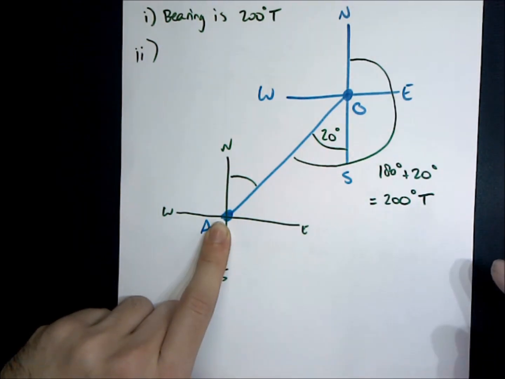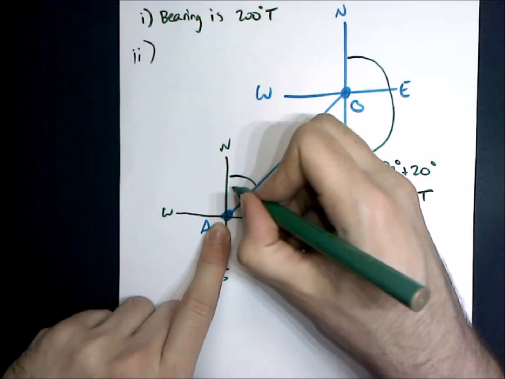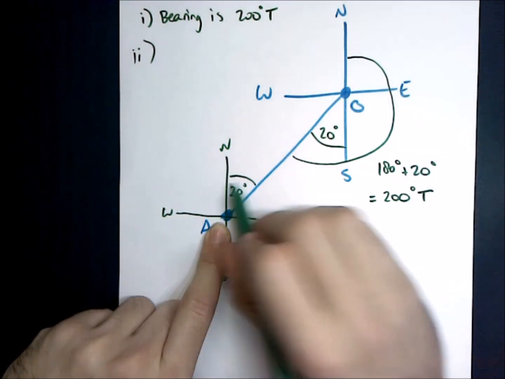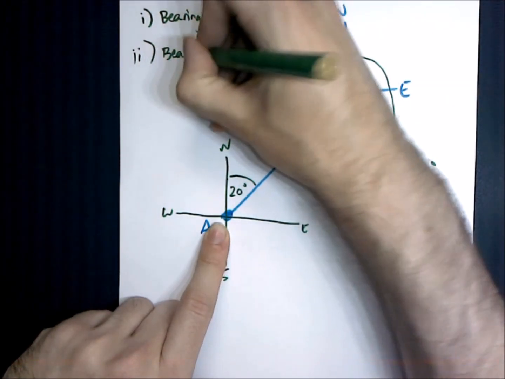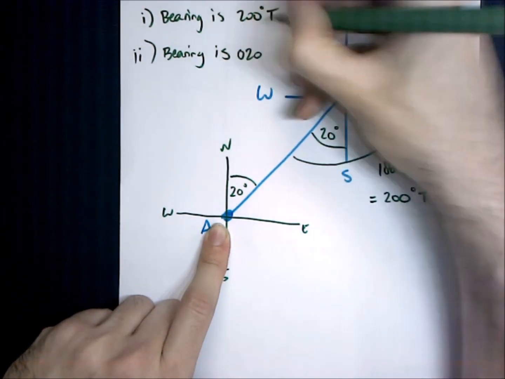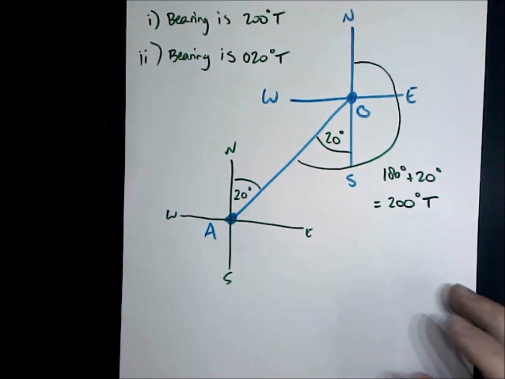Again, hopefully you can see the Z. So down here, up here, down here, which is 20 degrees. So the angle from O to A, the bearing, is just this angle here, which is 20 degrees. So the bearing is 020, got to put the 0 in front. So 020 degrees, that's my bearing.